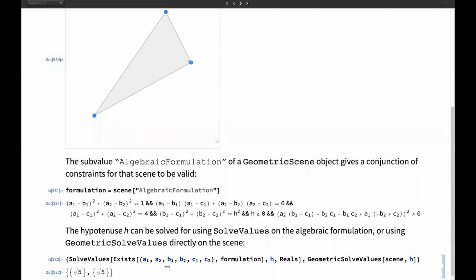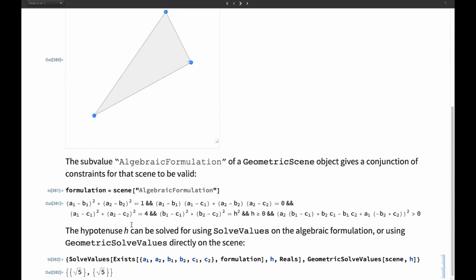Just to be clear, running SolveValues on the algebraic formulation is not simply how GeometricSolveValues works. For most complicated scenes, running SolveValues on the formulation will take longer than you'd like to evaluate.